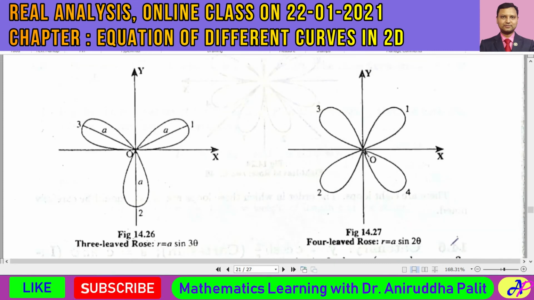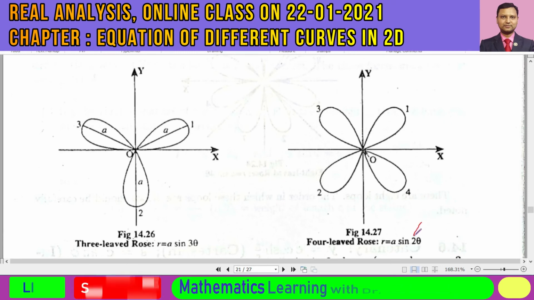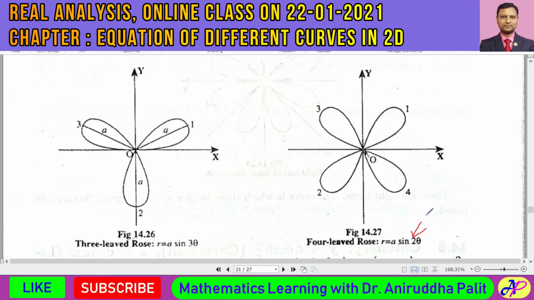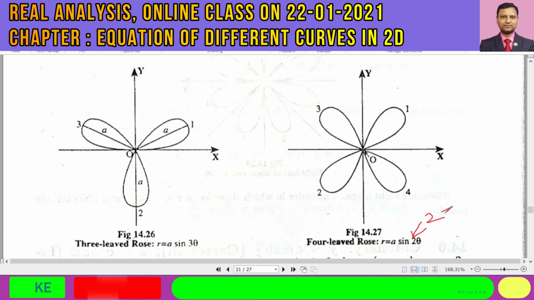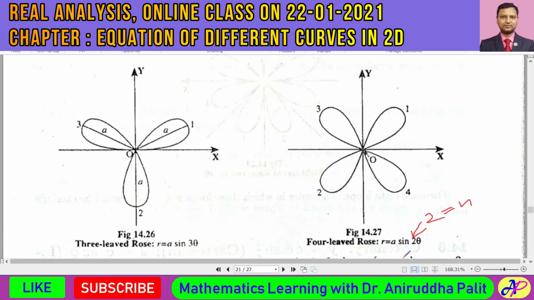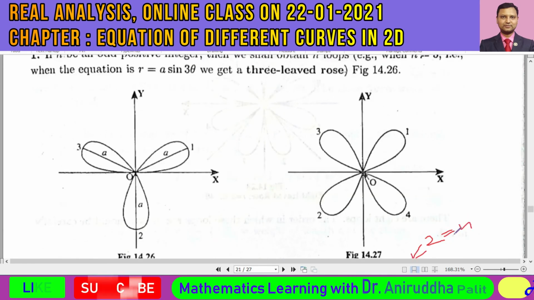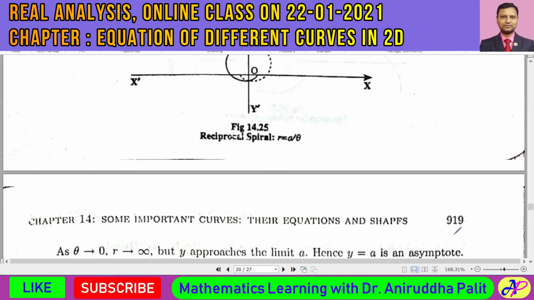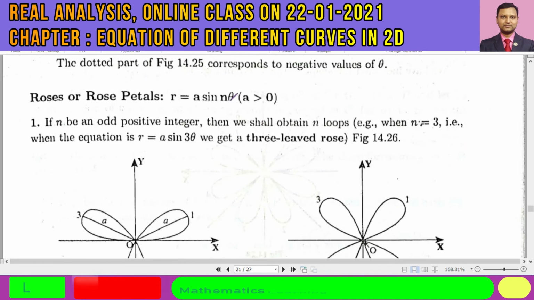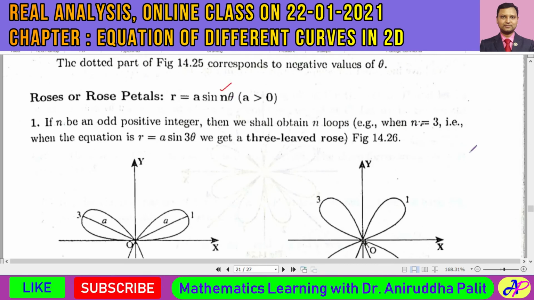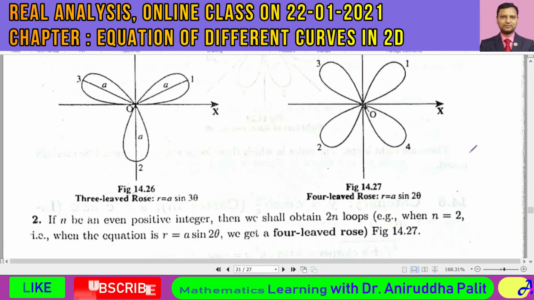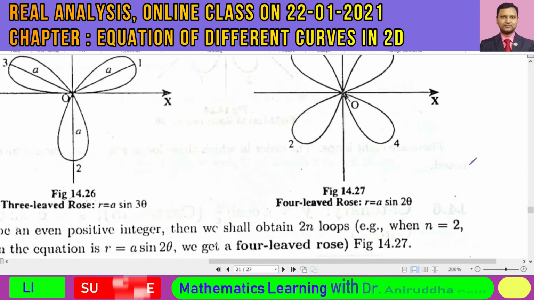For example, over here, this is the equation where you see n is equal to 2: r is equal to a sine of twice theta. If you consider this model over here, n has been taken as equal to 2. Clear? And in this kind of curve, let me magnify this one a bit.